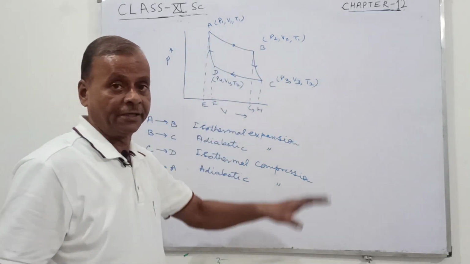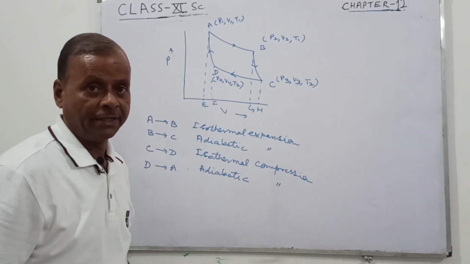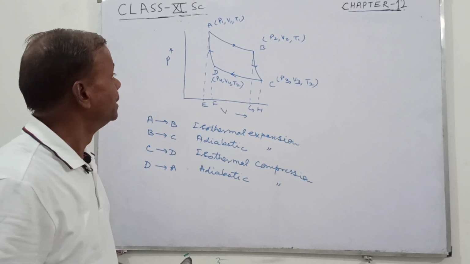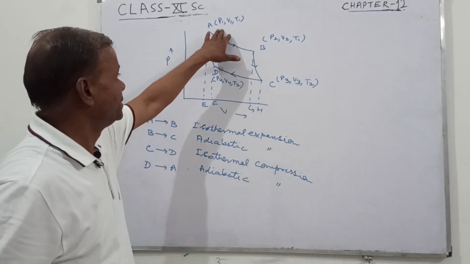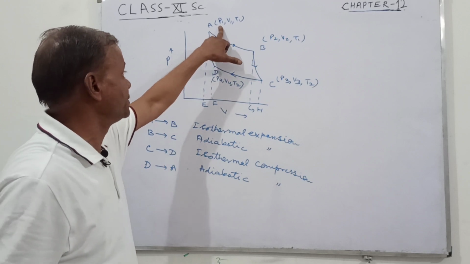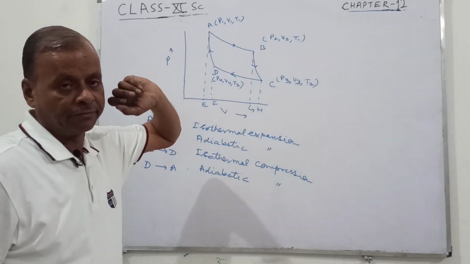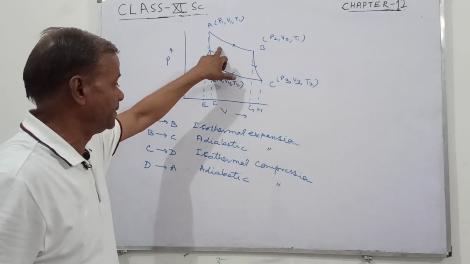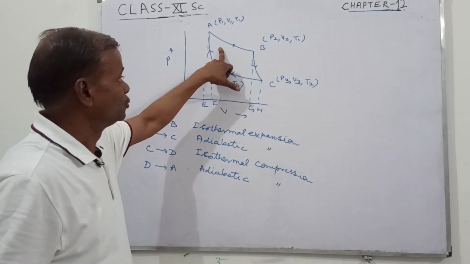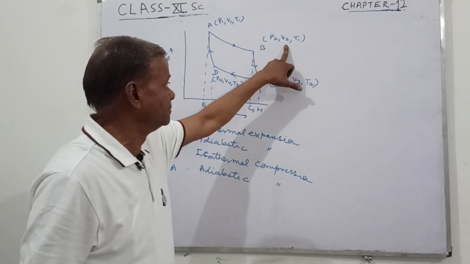And initially the cylinder is taken in contact with the source. It absorbs the heat Q1, and we say that when it has absorbed the heat, its pressure is P1, volume is V1 and temperature is T1. Then it is allowed to expand isothermally so that its pressure becomes P2.